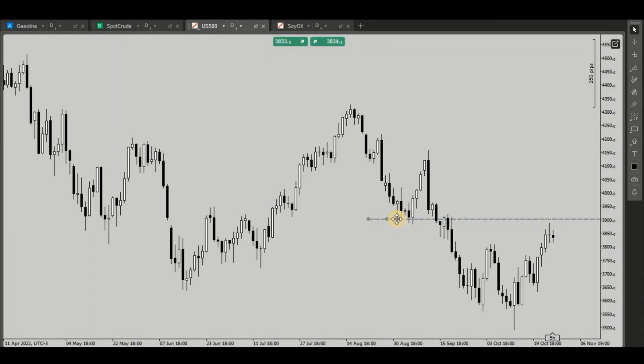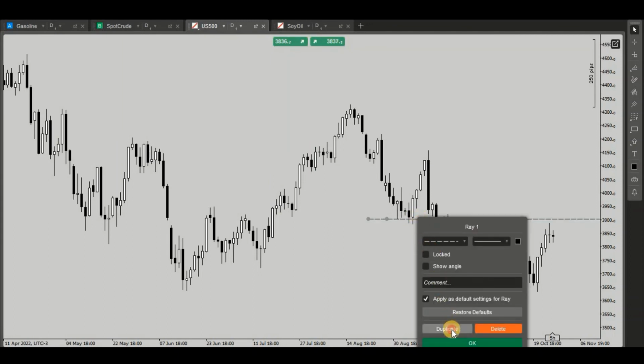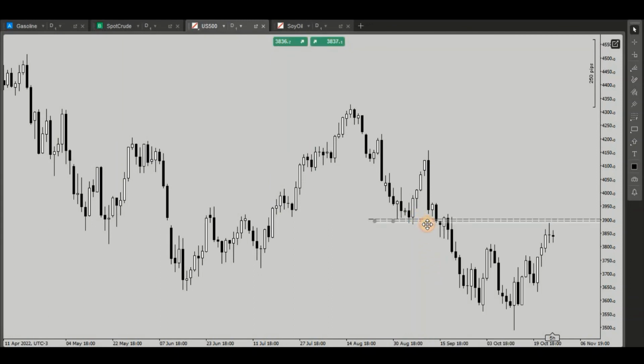Because I have a hammer here and a bullish engulfing pattern here, I would create a support zone right there. We have the initiation with the hammer, it was confirmed with the bullish engulfing pattern, and that same bullish engulfing pattern initiated a new support, and now we have our support zone.